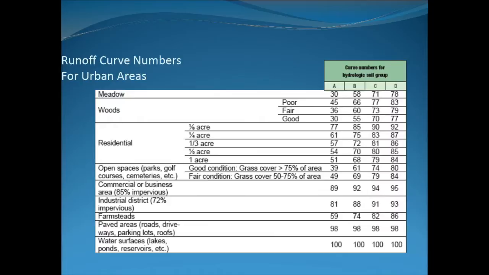Basically, what a composite is, you take the area of each one and multiply it, multiply each portion of that, and make a new curve number for the total land area. Okay? That's okay if your land uses are close. Almost any time you're comparing pavement to anything else, you should not do that.